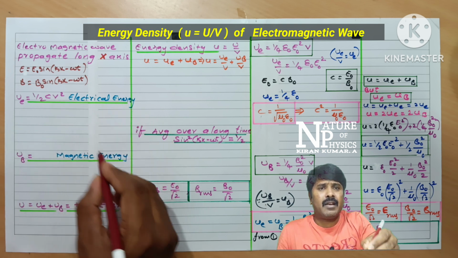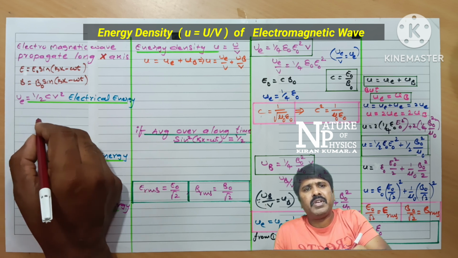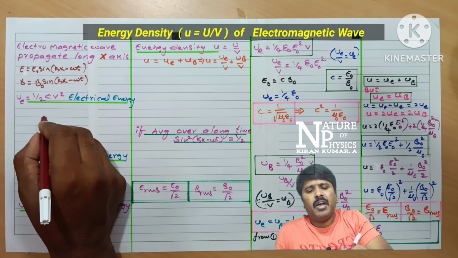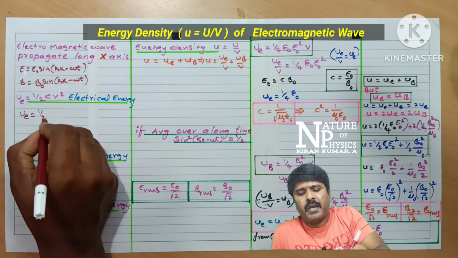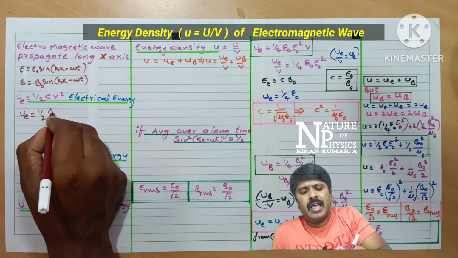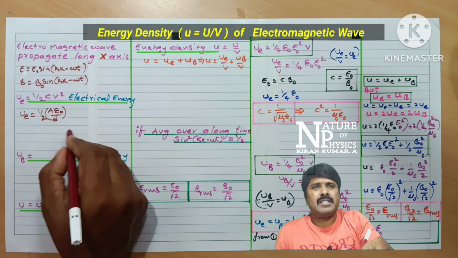that is electrical energy, student. So in the electrical energy equation, I am going to replace the value: UE is equal to half into C, where the C value is A epsilon naught by D, that is a parallel plate capacitor.